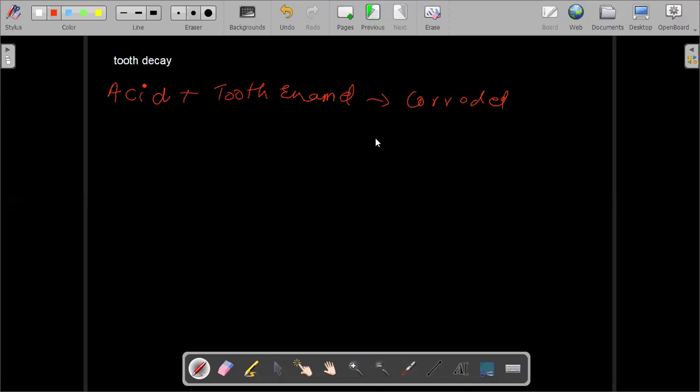We have acids. Okay, there were two PDFs which I think I had sent you.